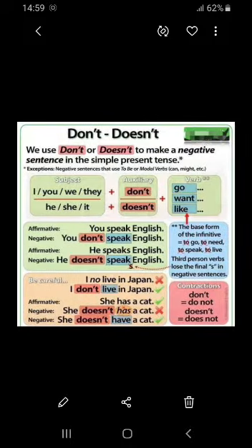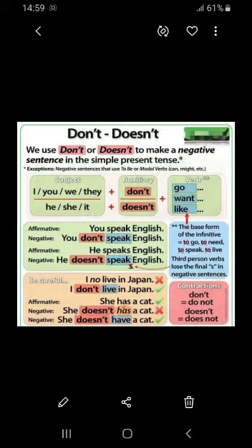Let's move now to the negative form. To make a negative sentence in the simple present tense, we use don't or doesn't. And of course, the same exceptions. It's not with verb to be and not with the modal verbs. Okay, and here I just continue or I just make a normal sentence.